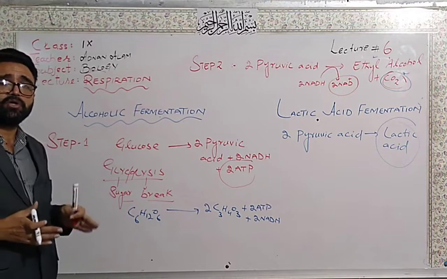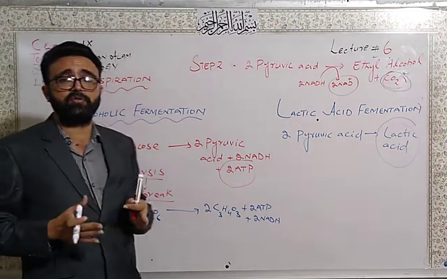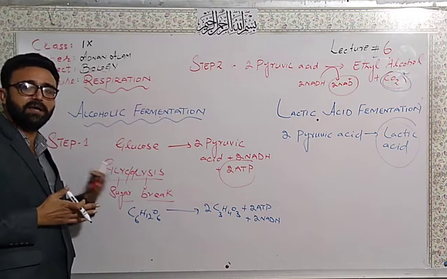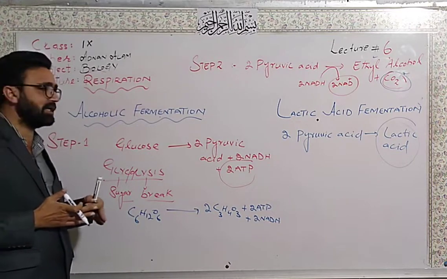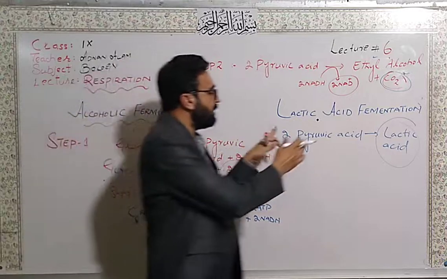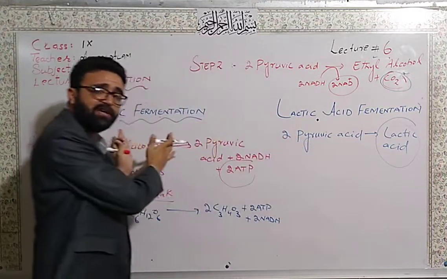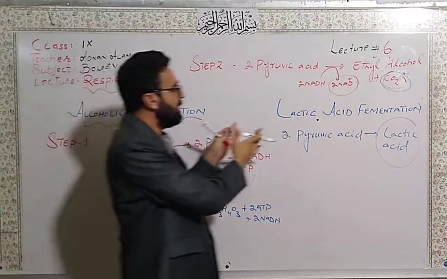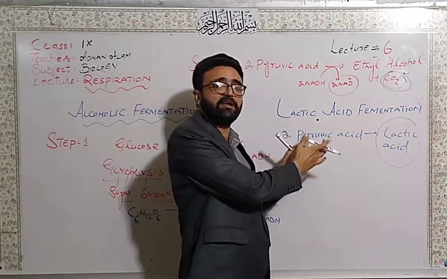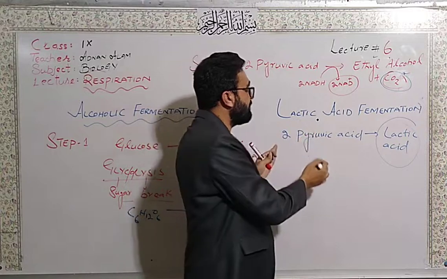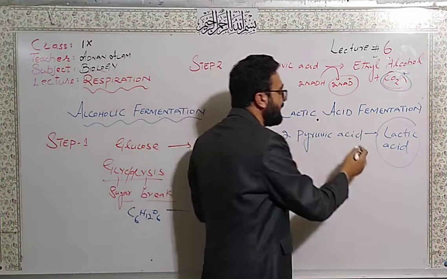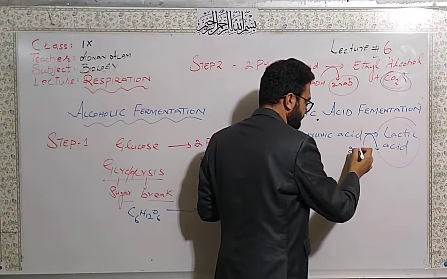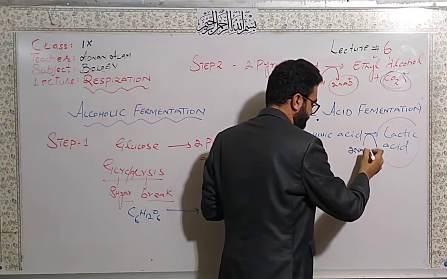The set of enzymes which can do only alcoholic fermentation are present in plants, bacteria and some fungi. Animal cells don't have that set of enzymes, but rather they have another set of enzymes which can convert the pyruvic acid into lactic acid.